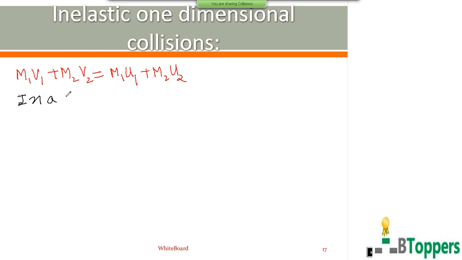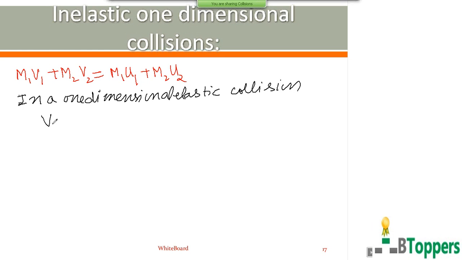So in a one-dimensional elastic collision, as I discussed in the earlier classes, we write V2 minus V1 is equal to U1 minus U2.